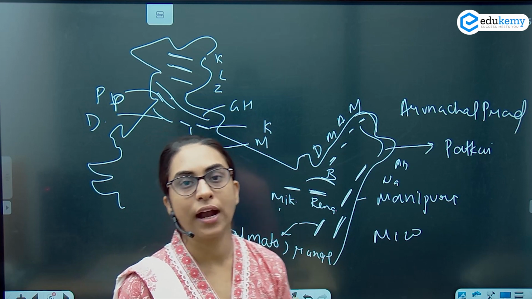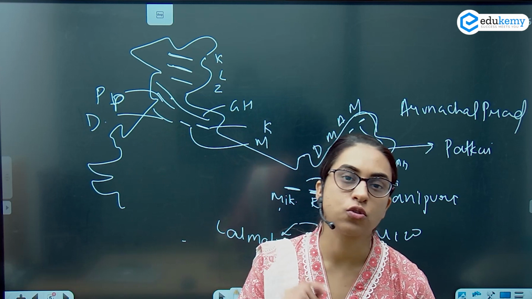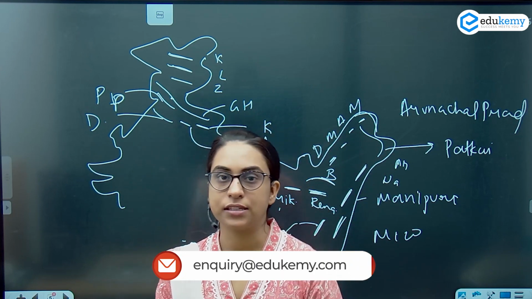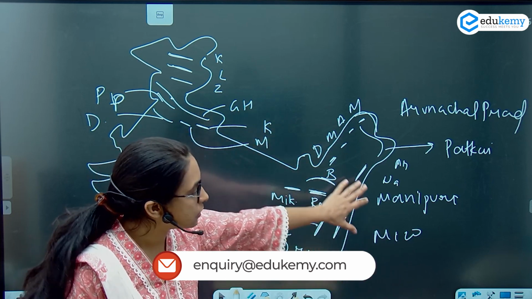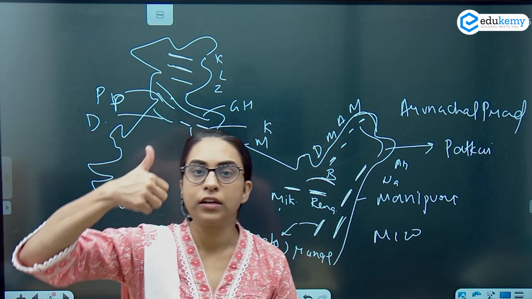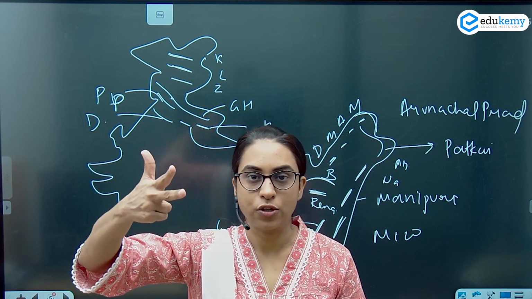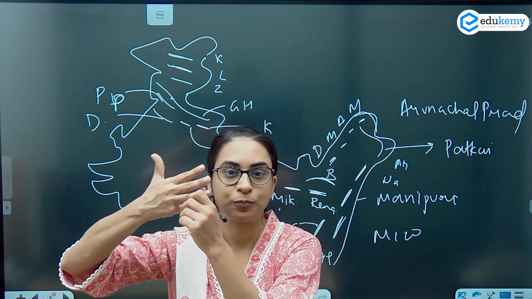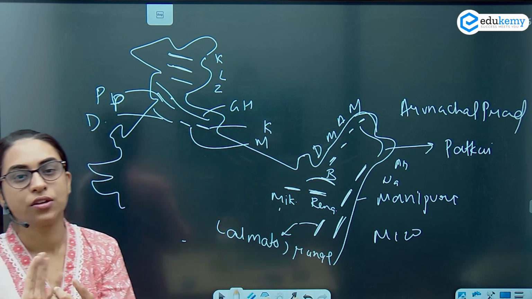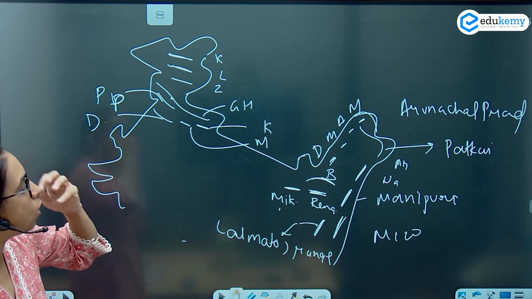Now if we look at the spans of the Himalayas, a question that was asked in UPSC: is the Himalaya only in 5 states? Let's see. Even if we don't consider the lower hills, you have Jammu Kashmir, Uttarakhand, Himachal Pradesh, West Bengal, Arunachal Pradesh, Nagaland. So it is not only in 5 states.